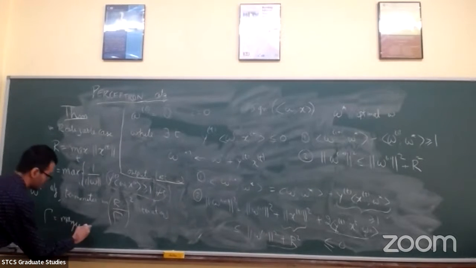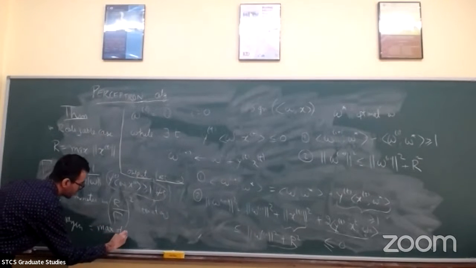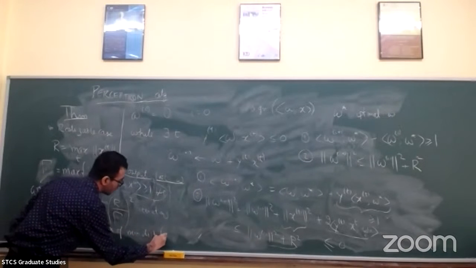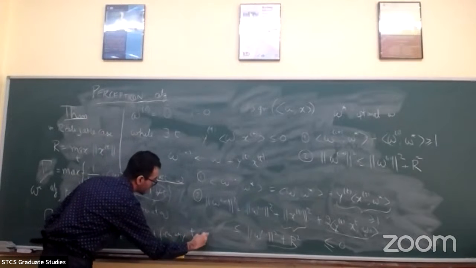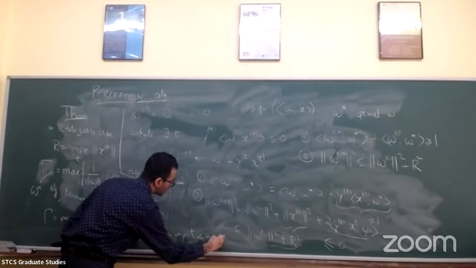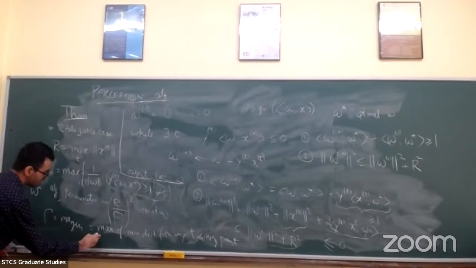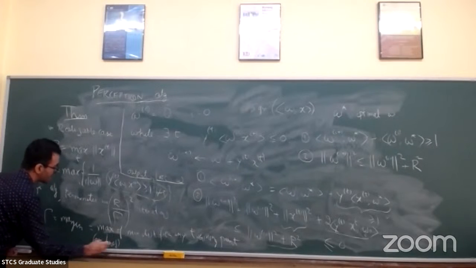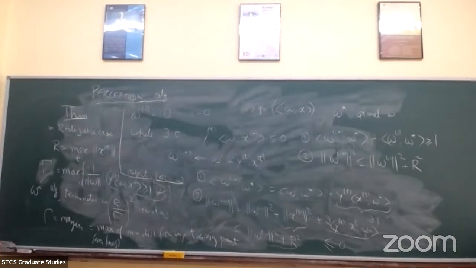Let me write in English: maximum over lines of the minimum distance from any intermediate point. So that's the interpretation of this quantity.